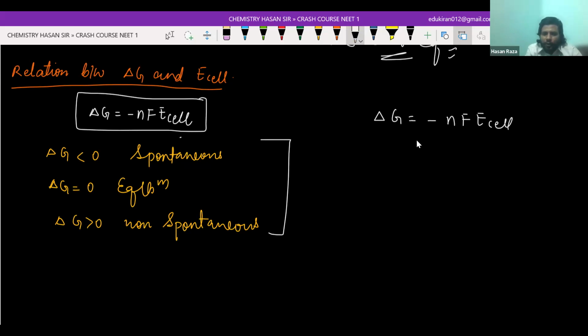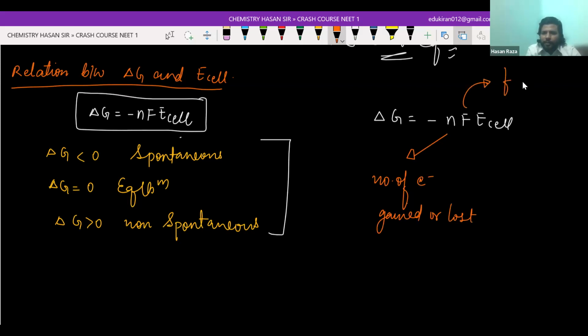Basically, n is the number of electrons lost or gained, since an oxidation or redox reaction will be there. So it will always be positive.